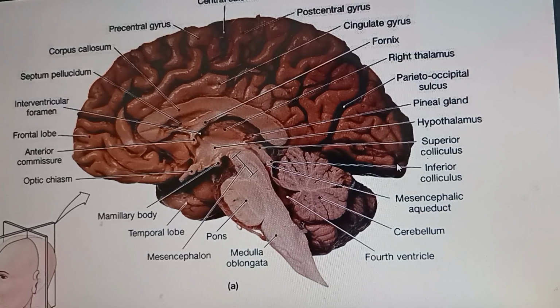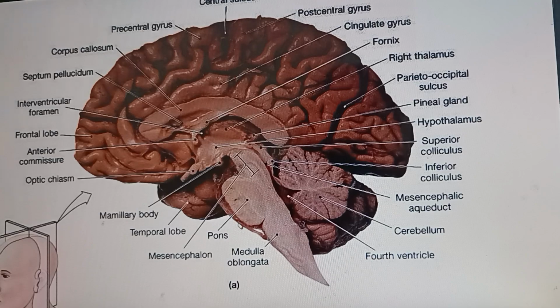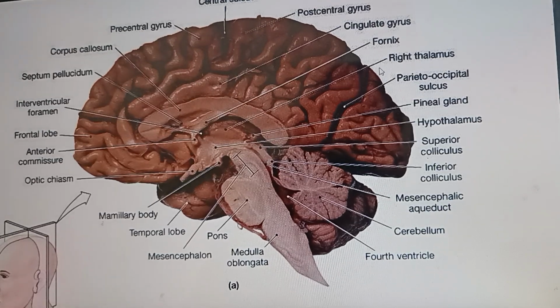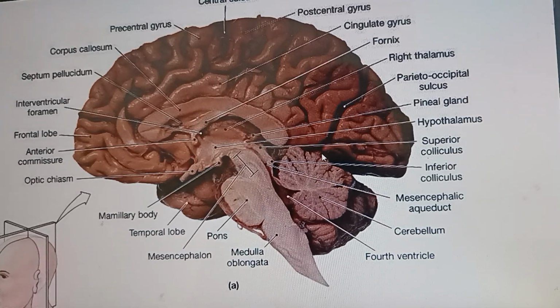Also you can make out the lobes of the cerebrum here. So here is the occipital lobe, which is separated by the parieto-occipital sulcus here. This is the occipital lobe.